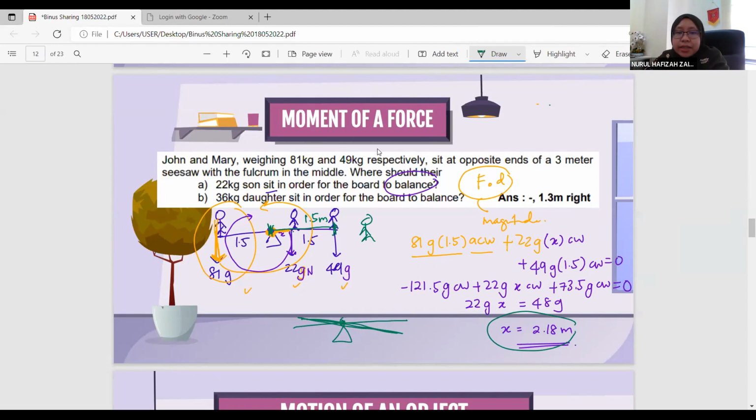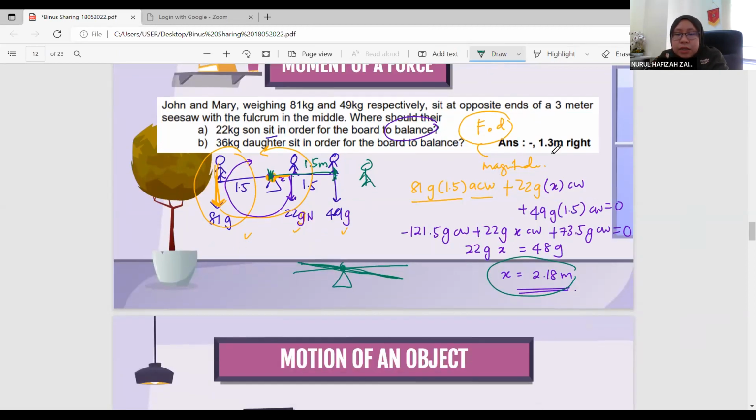Okay, the daughter will sit also here, but 1.3 meter right. Okay, it's actually 1.3 meter right from the fulcrum maybe. Okay, if let's say you have a diagram, then it's okay to answer like this. So you can just put X, or you can just answer 1.3 meter right from the fulcrum.